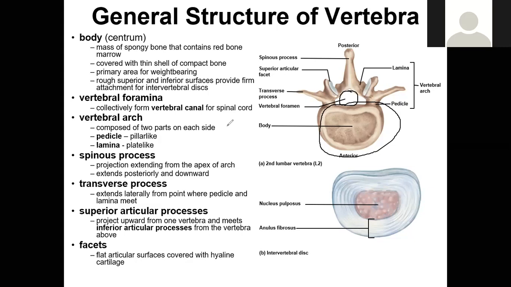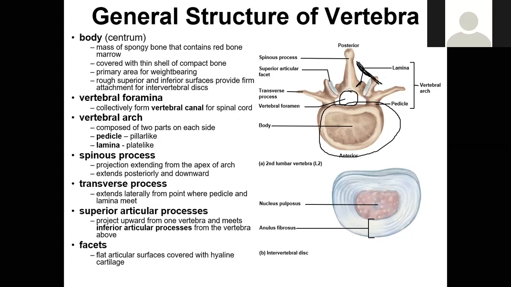The next part that I need you to know is known as the vertebral arch. Now, the vertebral arch is made up of two parts. All right, it's made up of a lamina and a pedicle. The lamina goes from the spinous process to the transverse process right here.